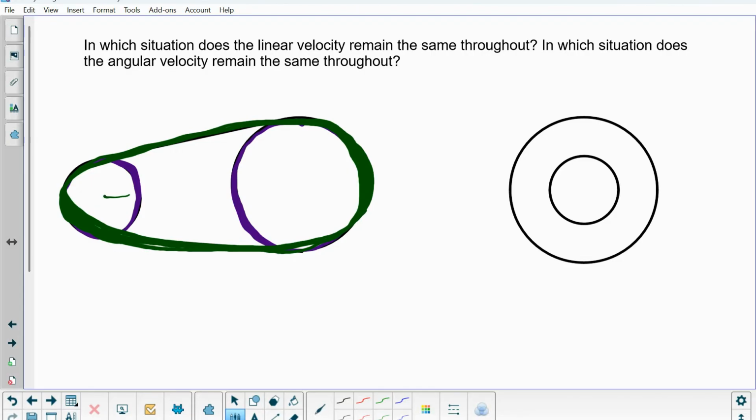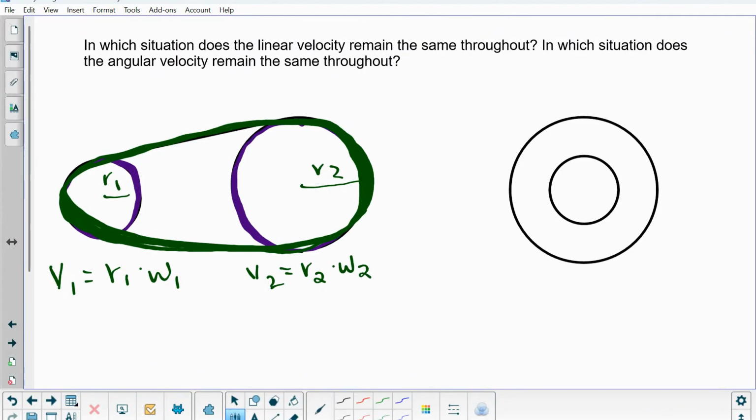So if this is the radius of the smaller circle here, and here's the radius of the larger circle, the linear velocity of the smaller circle would be radius times angular velocity. And then the velocity of the bigger circle would be, again, your radius times your angular velocity.